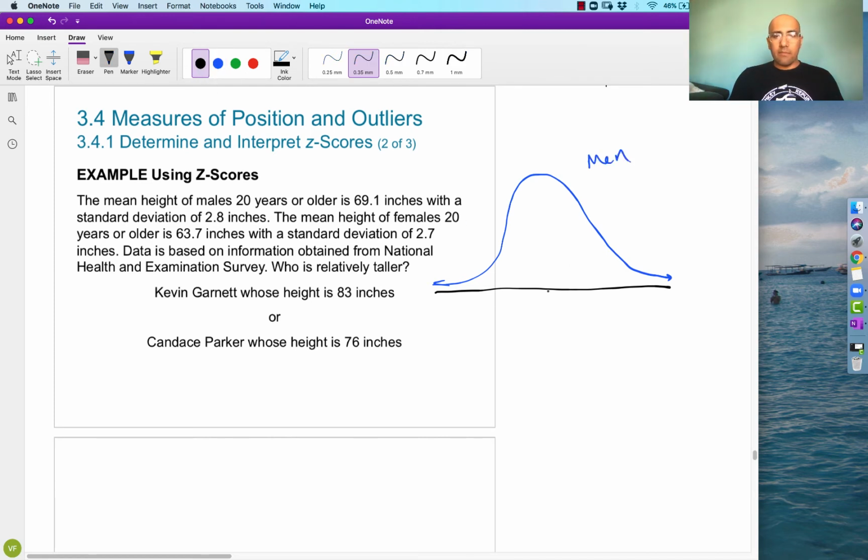And we have a mean, mu, equal to 69.1, and we have a sigma equal to 2.8. On the other hand, we also have a distribution for women.